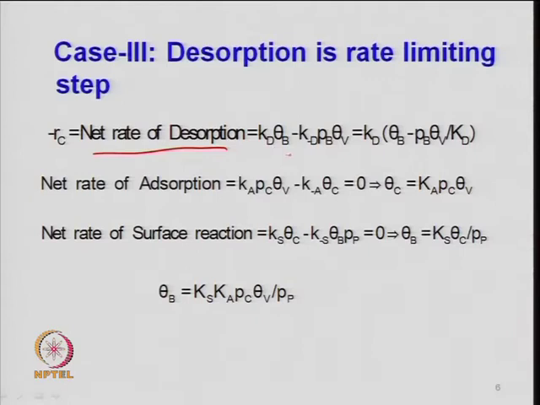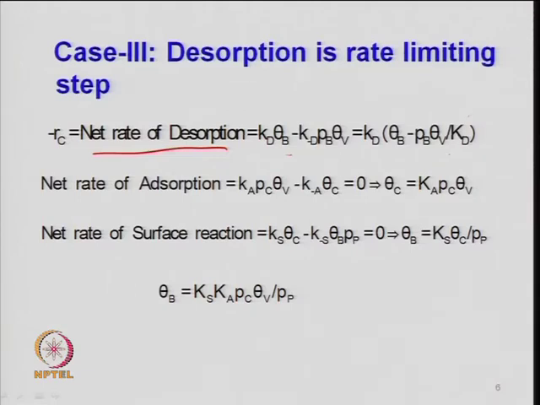So, K d times theta B, because benzene is being desorbed, minus K minus d times the partial pressure of benzene times theta V, and one can easily write the expression. If you take K d out, then this is theta B minus P b theta V upon K d, where capital K d is the forward reaction rate constant divided by the backward reaction rate constant for desorption.